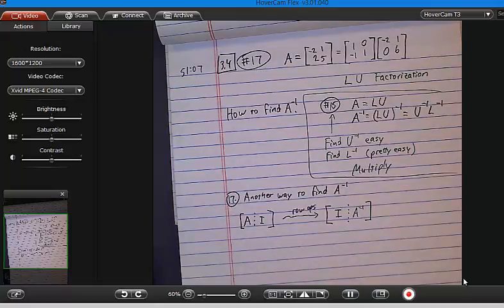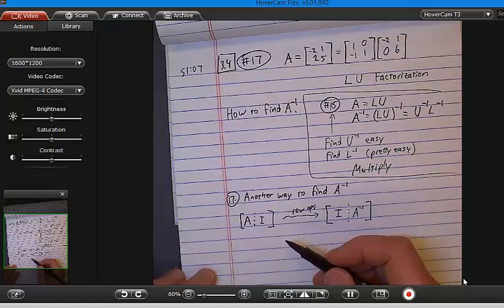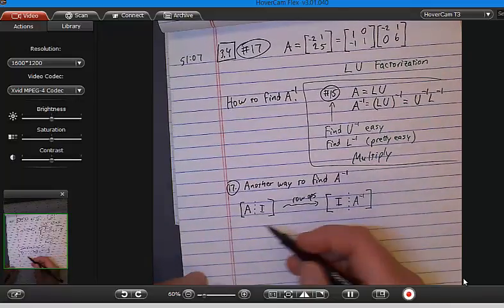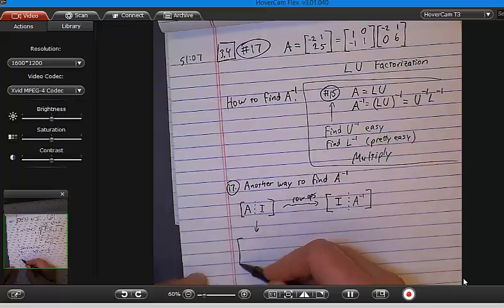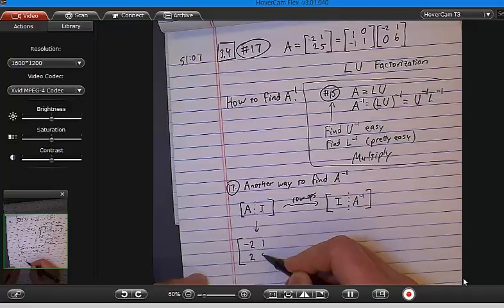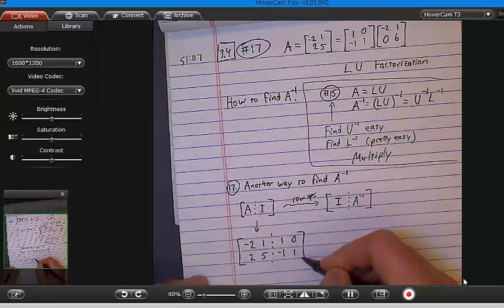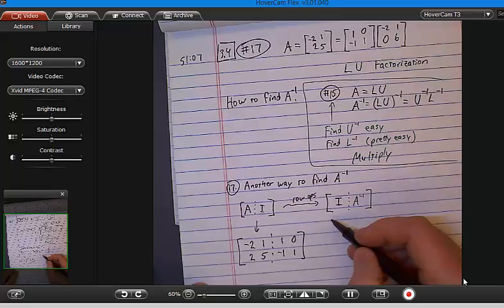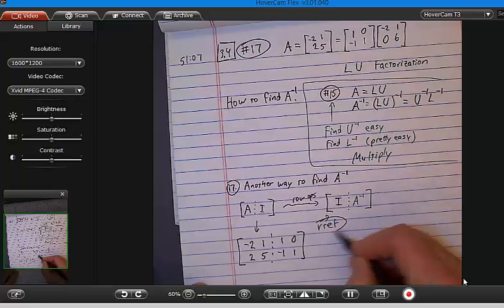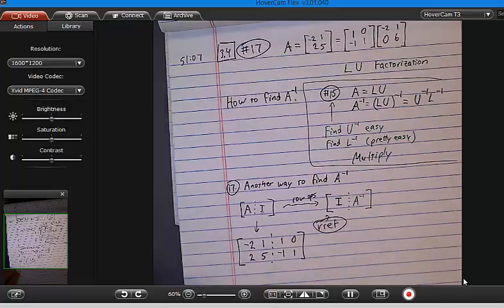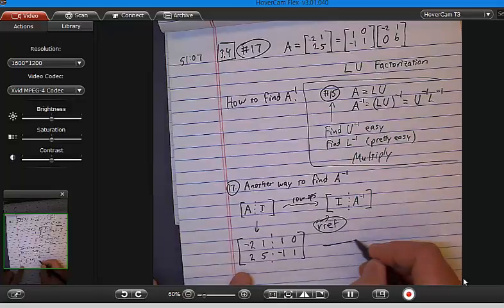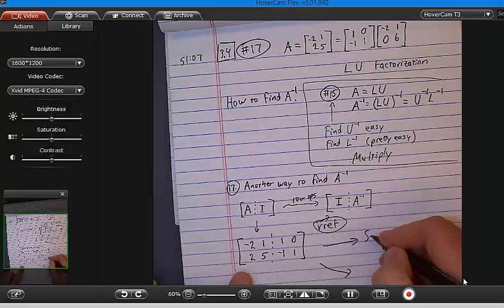So what they're saying to do is, they say, look, this matrix, what's it look like? It looks like this. -2, 1, 2, 5. And then 1, 0, 0, 1. And what you're really doing is you're putting it into reduced row echelon form, right? And so they're saying what you're really doing is you're solving two different equations.